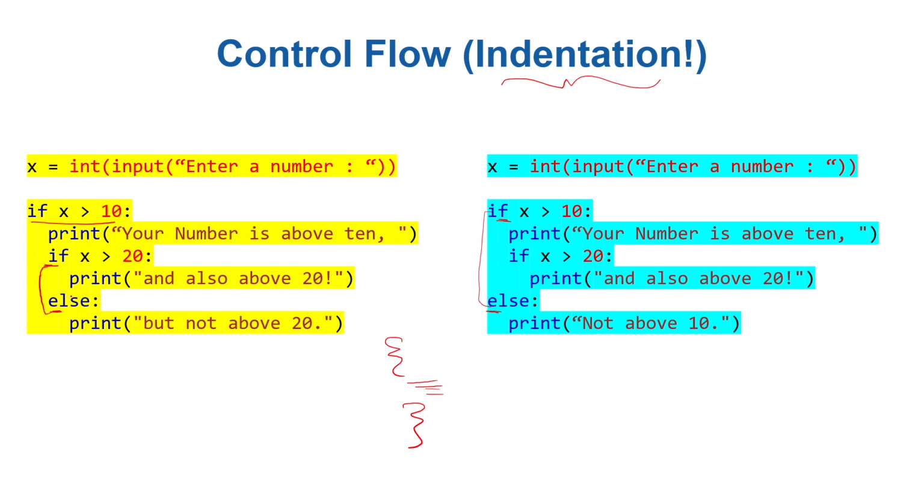So for example, this is a crucial example. If this else moves backwards and aligns with this if, you get this else with this if. These are two if and else structures. This is still a nested if without an else part. And if this else moves somewhere in between, I mean, if this is not aligned with this if, you get a syntax error because that is not a proper indentation.